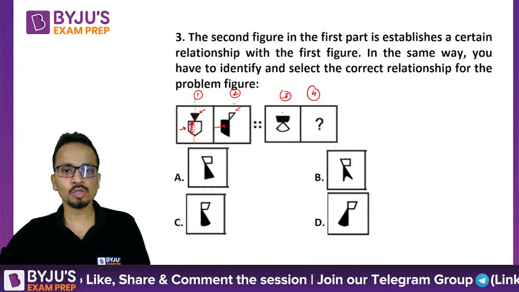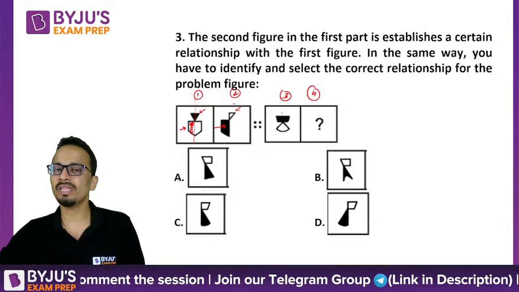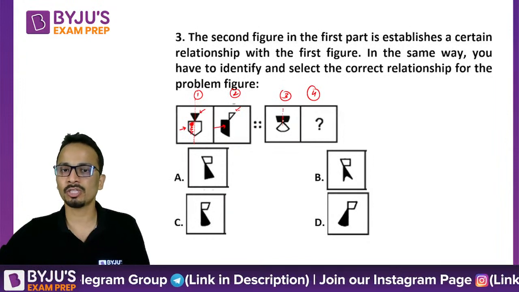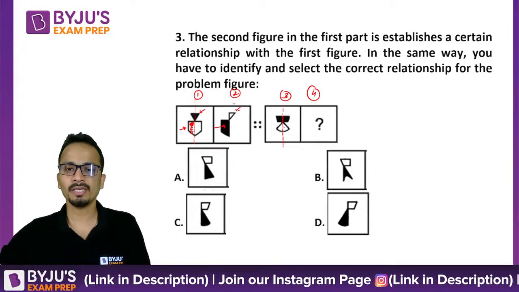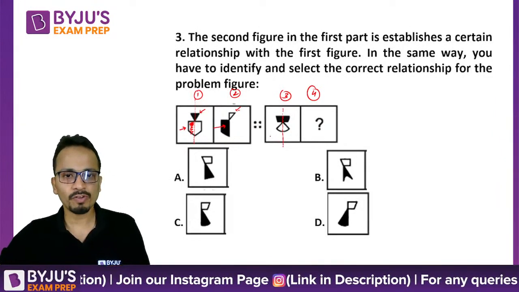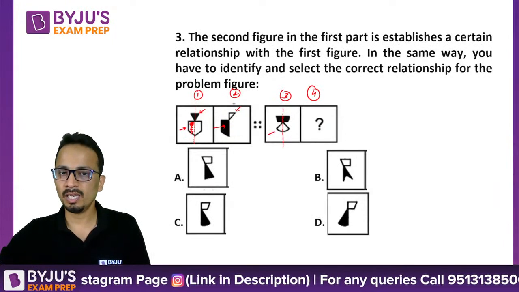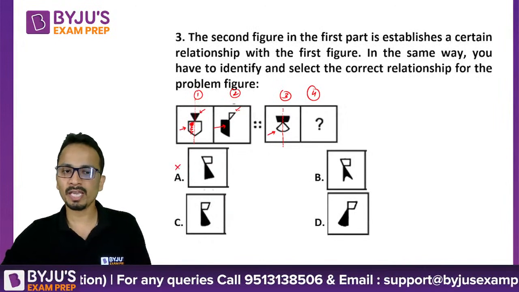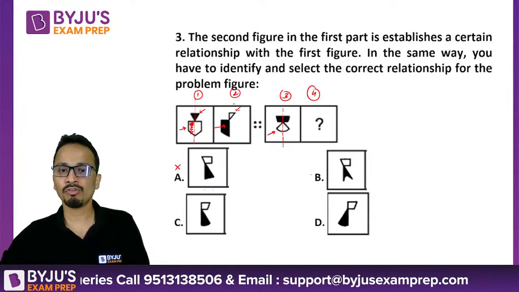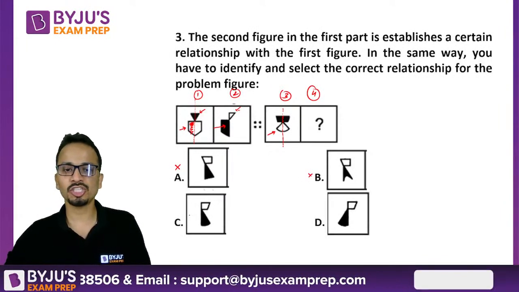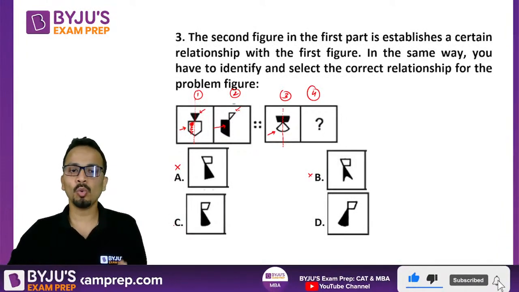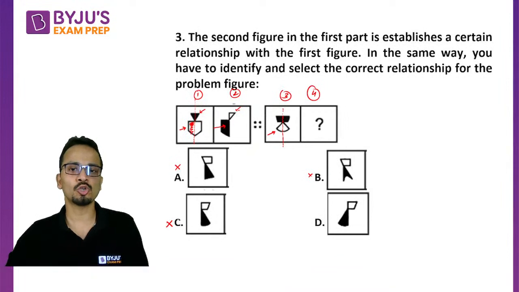So doing the same thing with figure number 3. First of all, I'll draw the vertical line here. First of all, this lower left portion will be retained. So figure A will not be the correct answer. In figure B, the figure is getting changed. In figure C, I have to retain the left lower part, so figure C is also not the answer.